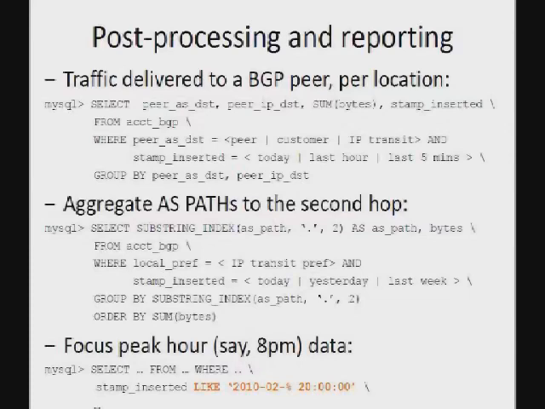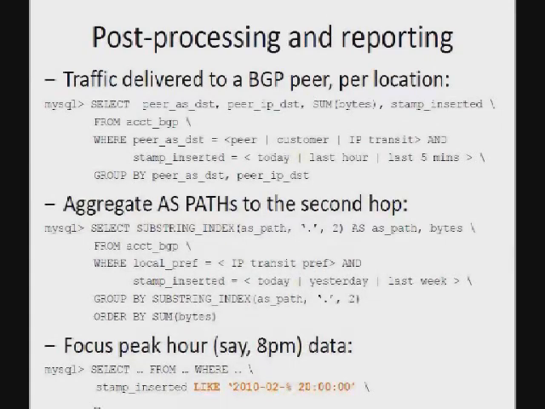And then there is a nice example, aggregate AS paths to the second hop. Imagine that you are a CDN or you are a tier 2 provider and you are buying IP transit from somebody. Your IP transit provider is never a friend. It carves money out of your pocket. They are bad guys.